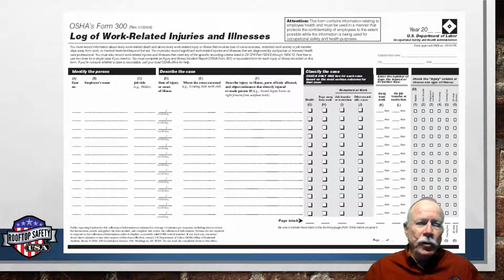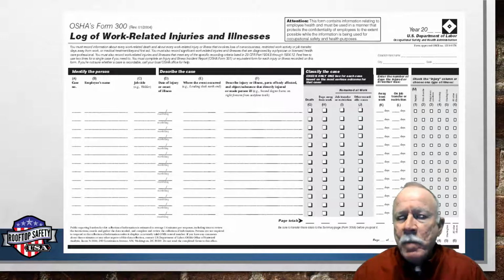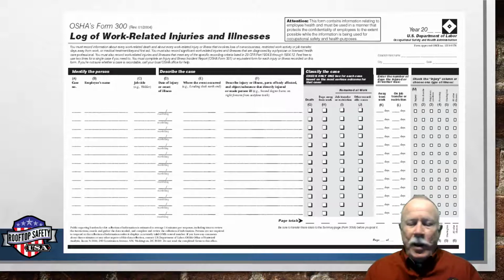So this is what the OSHA 300 form looks like. You can see it has one line of information for each incident, includes the name, job title, very brief description of what happened, and then information about whether it resulted in a death, days away from work, job transfers, things like that.